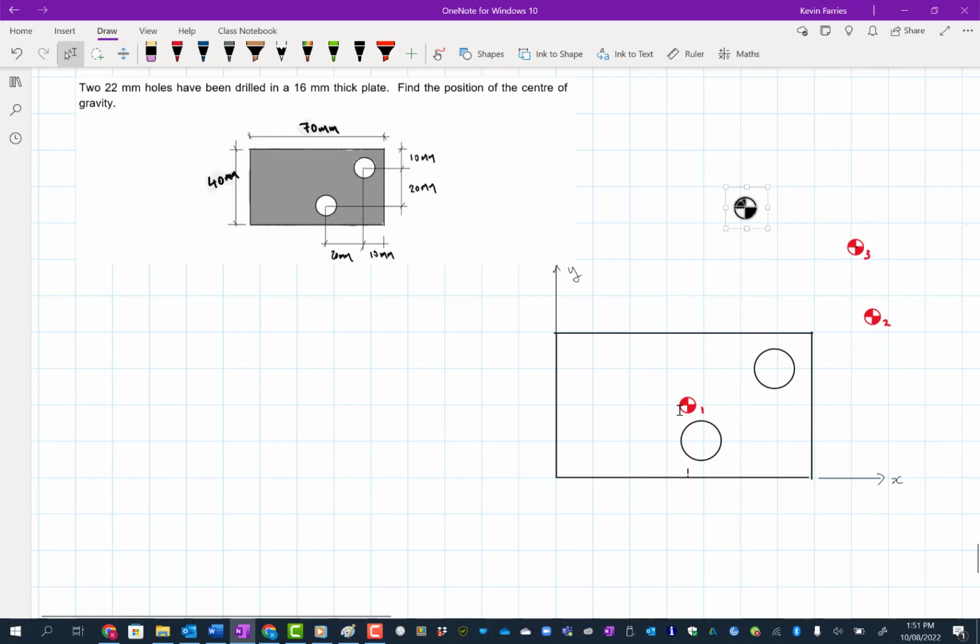And what we're going to be calculating is the centroid of the combined shape, so the centroid once you've taken out these two circles, and that'll be the same as the center of gravity of a plate with two holes drilled in it. So let me work through that, and then I'll come back to you to explain what we do next about dealing with the fact that we're actually taking away these holes, taking away these circles rather than adding them. Okay, so I'll be back in a minute.